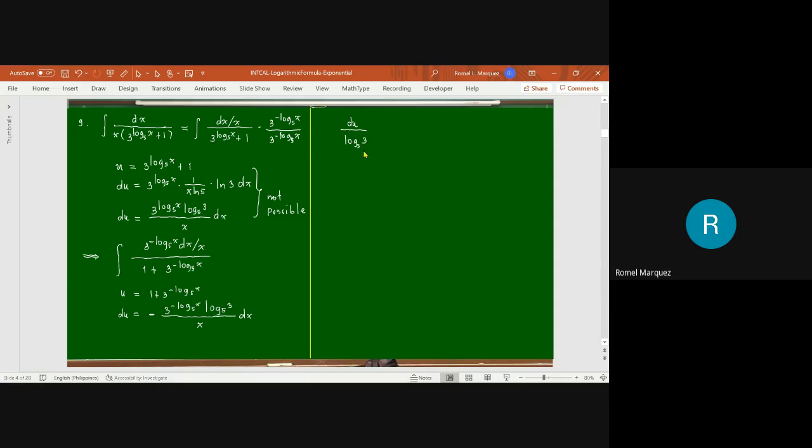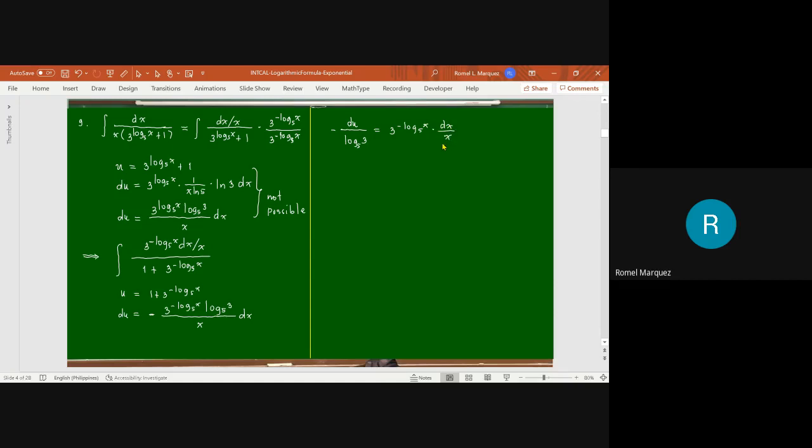Tama ba, guys? Guys, ito yung negative. I-solve ko na rin negative, no? Yan, negative. So, magiging 3 to the negative log of x to the base 5 dx over what? Over x. Tama ba, guys?